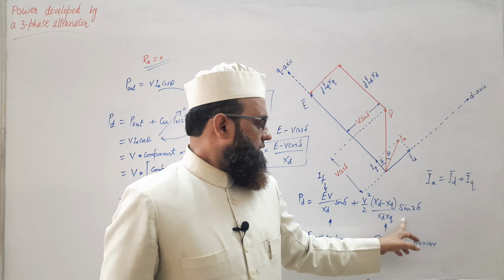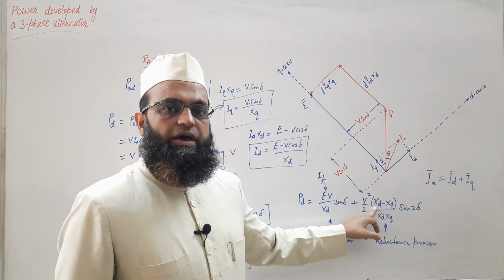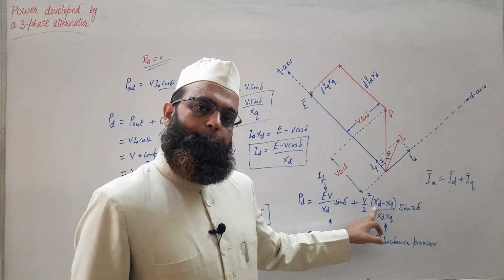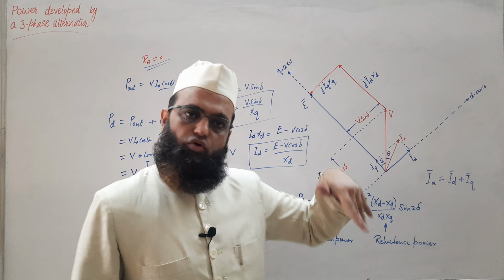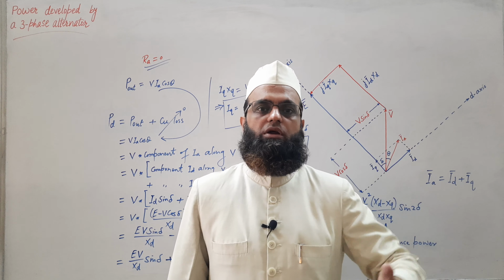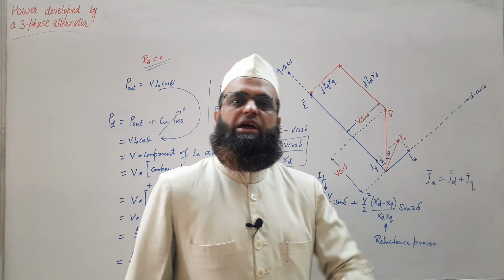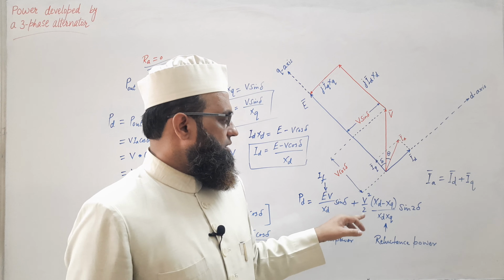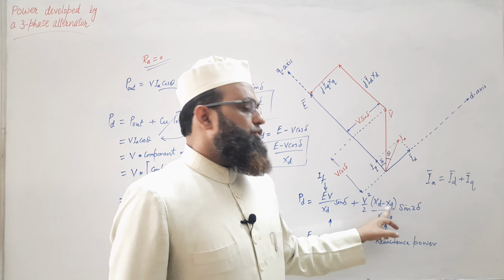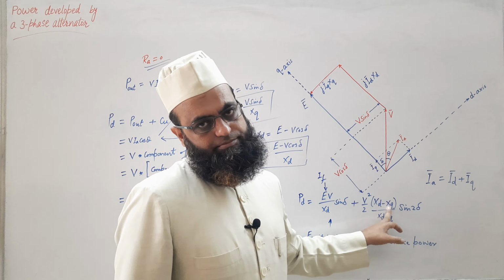Air gap is minimum along the D axis, hence reluctance is minimum, flux linkage is maximum, flux lines entering the rotor are maximum where reluctance is minimum, hence inductance is maximum, inductive reactance is maximum. Similarly, along the Q axis we have maximum air gap, hence minimum flux linkage, hence minimum inductive reactance.